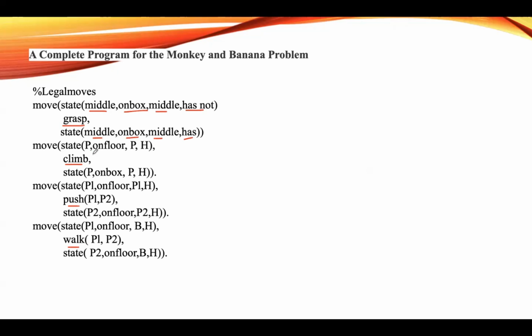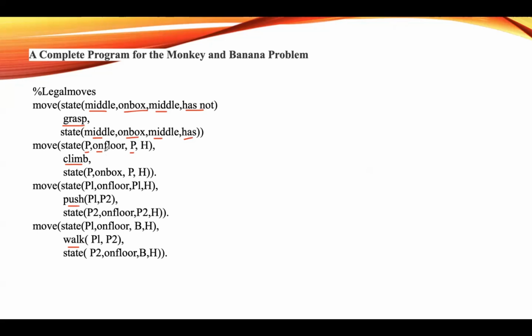And the second move is climb. Suppose the monkey is at some position, say it can be at the door or it can be at the window. The position of the monkey and the position of the box should be at the same place. Say if the monkey is at the middle of the room, then the position of the box should also be at the middle of the room only.